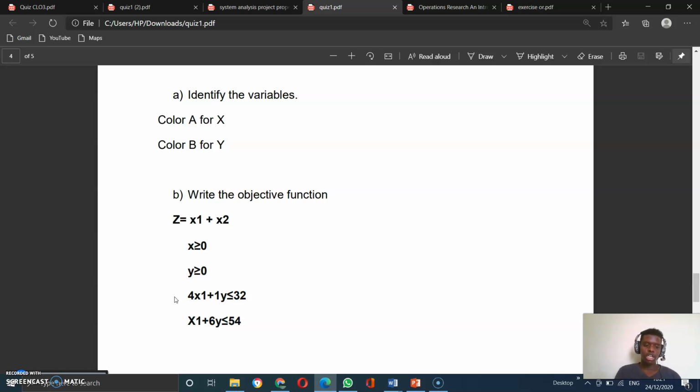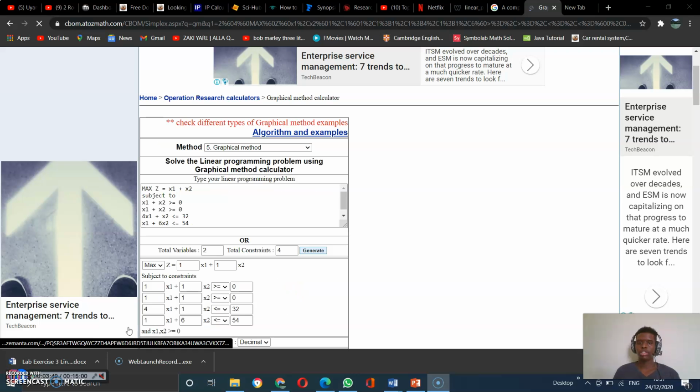So the painter can make 14.6 gallons of color A and 8 gallons of each color.